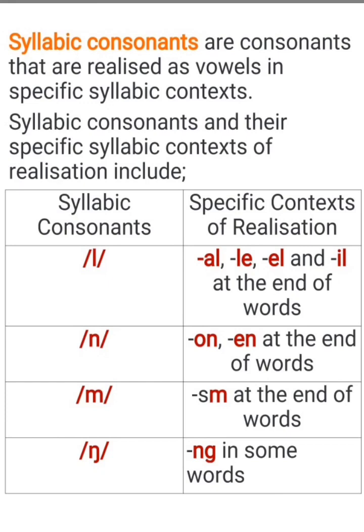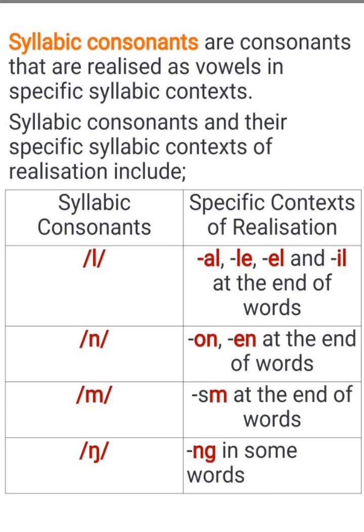Then we now come to the next one. The M consonant can function as a vowel in a particular spelling context, and there it is pronounced as "m". So you can see that it's a vowel. And so where do we realize it? It's M after S at the end of words.